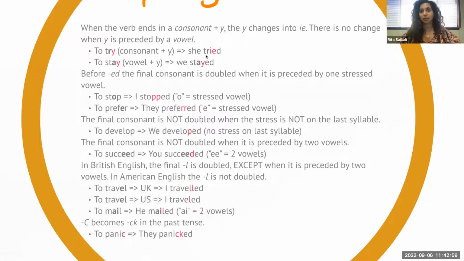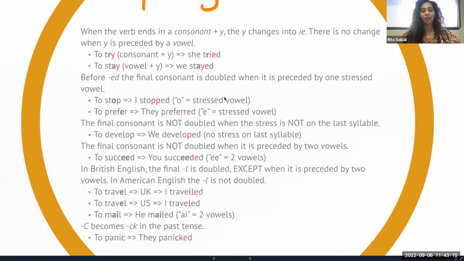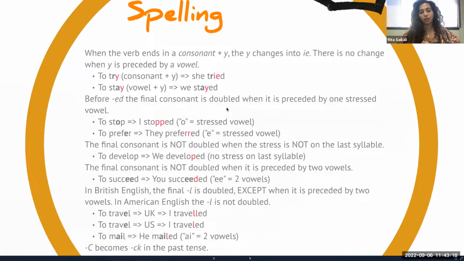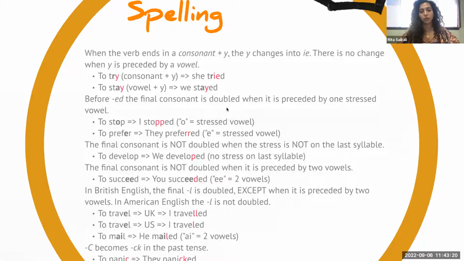This is something similar. If there is a consonant before the Y, you take out the Y and you add an IE. If there is a vowel before it, you keep it the same, so nothing goes away.